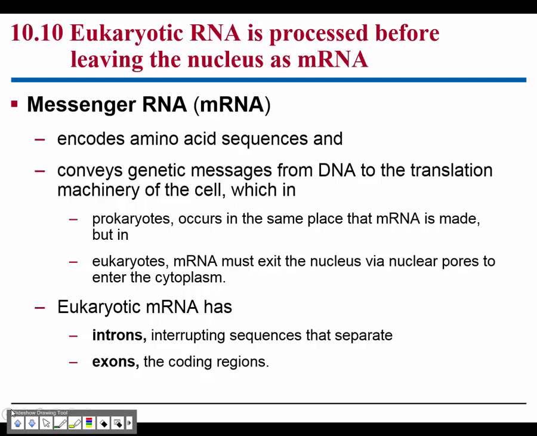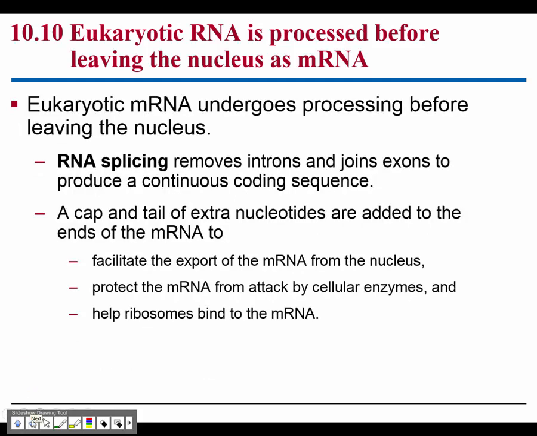But in prokaryotes, the RNA can be used right there because there is no nucleus, right? And so our mRNA has introns and exons. Introns interrupt the sequences, and exons are the coding regions. And so eukaryotic mRNA undergoes processing. It has to be processed before it can be used.